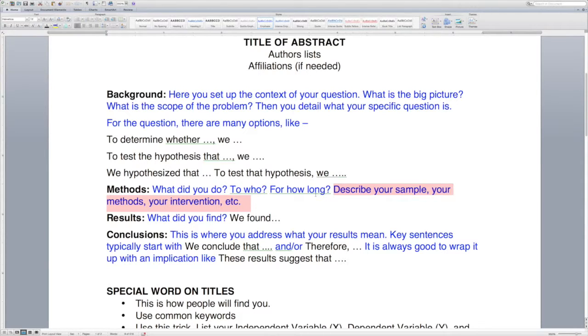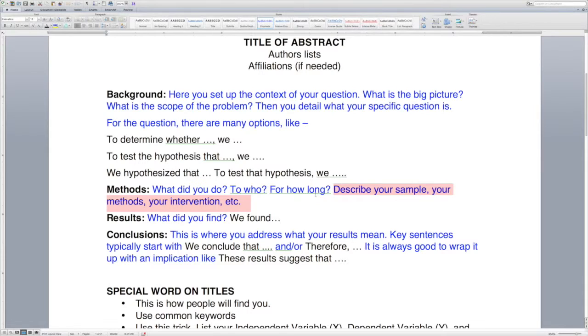If you're dealing with a sample of humans, you want to say the age range, the sample size, important characteristics. Something along the lines of, we studied 22 adults with depression who are treatment naive, and compared them against 42 healthy controls.